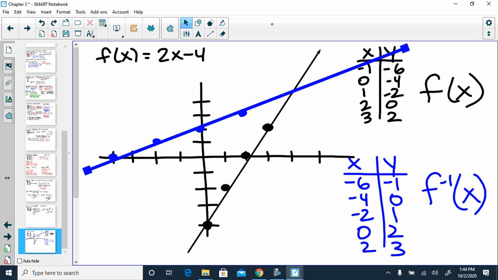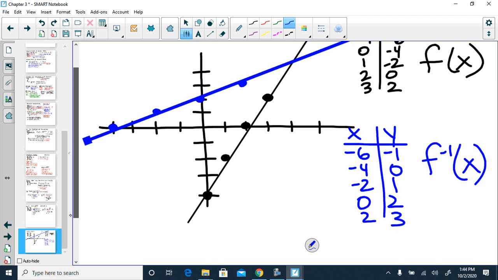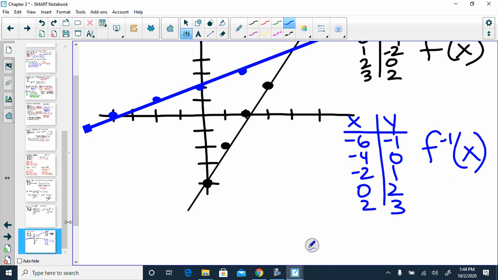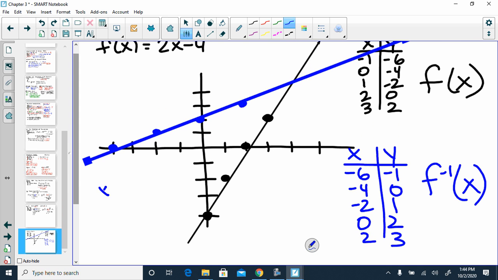Now, what you're going to see is a really cool property here. But by the way, let's actually find the inverse. Remember, how do I find it? I switch the x and the y, and I solve. So x plus 4 equals 2y, divided by 2. End up with x plus 4 divided by 2 equals y.